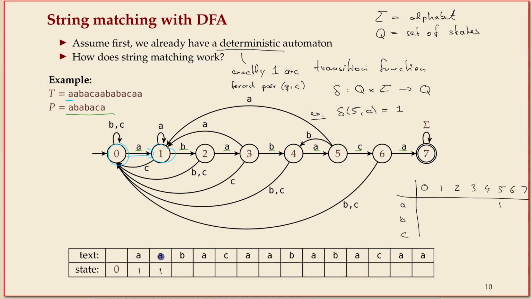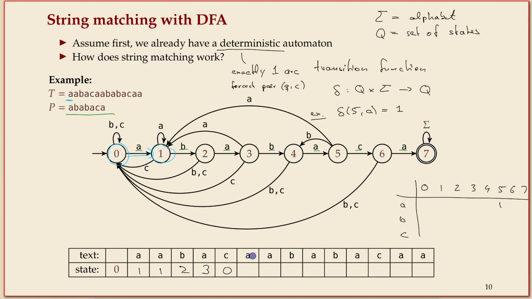Let's complete the table just to finish this off. So we're in state 1 still. We read a B. That brings us to state 2. We're in state 2. We read an A this time. So I'm just going through the characters of the text, right? This is the text written down again. So from state 2, reading an A brings us to state 3. From state 3, reading a C, all the way back to 0.